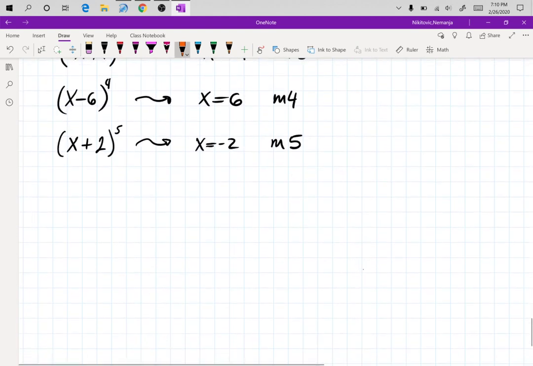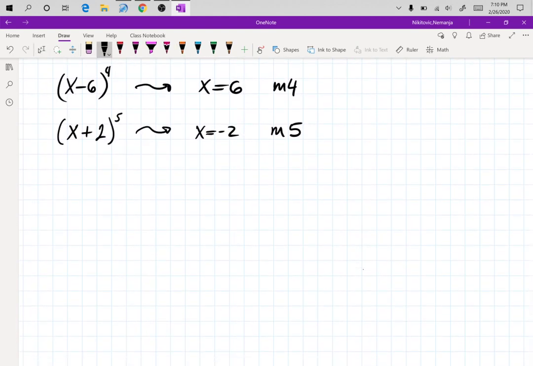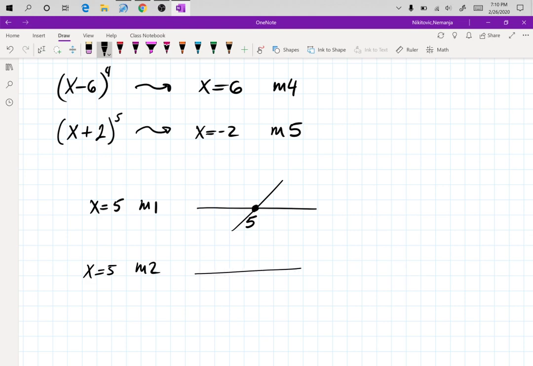So when I say I have a root x equals 5 with multiplicity 1, you understand that on the line there is number 5, and then there will be a root that just cuts through. If there is x equals 5, but it's a multiplicity 2, what happens is, can you graph two different 5s on the same line?